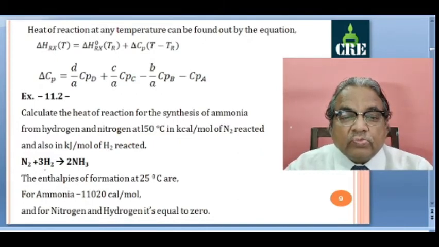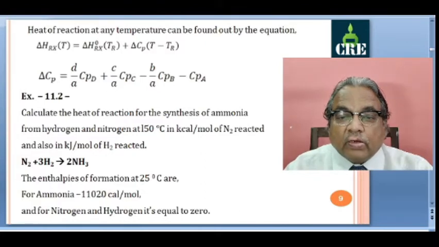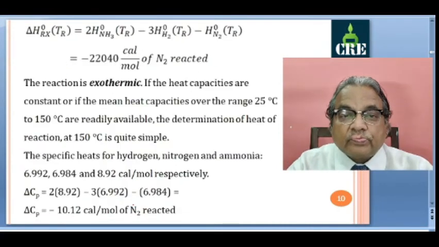So the reaction is nitrogen plus 3 moles of hydrogen gives you 2 moles of ammonia. Enthalpies of formation at 25 degrees Celsius are given as minus 11,020 calories per mole for ammonia, and 0 for nitrogen and hydrogen.